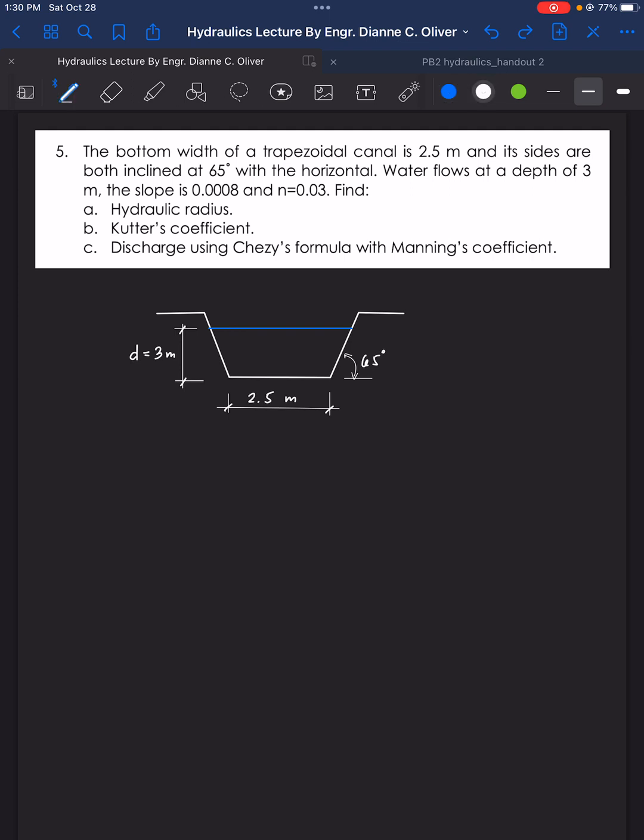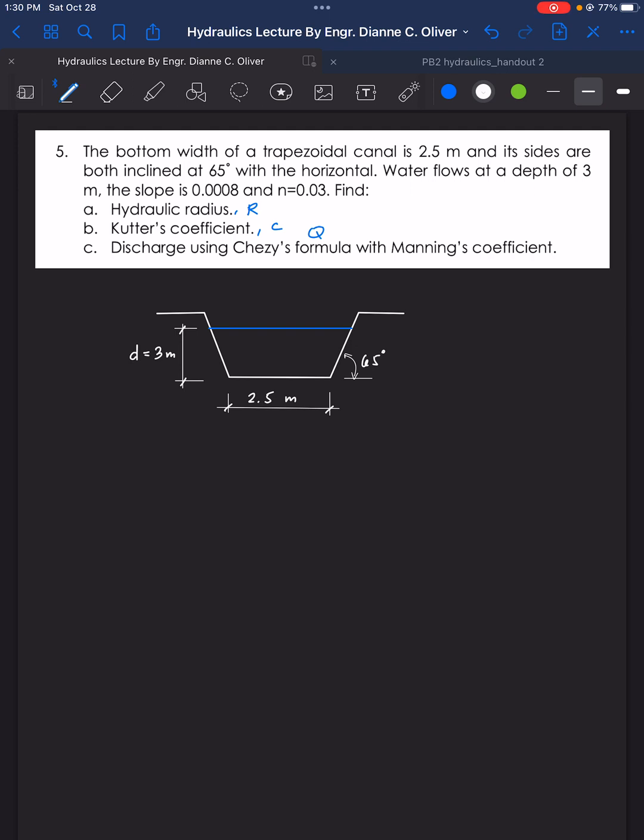Given also here is the slope S, 0.0008, and the roughness coefficient 0.03. We're looking for the value of the hydraulic radius R, the Kutter's coefficient C, and the discharge Q using Chezy's formula with Manning's coefficient.